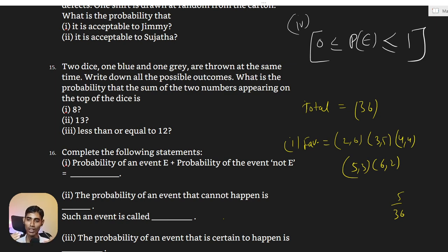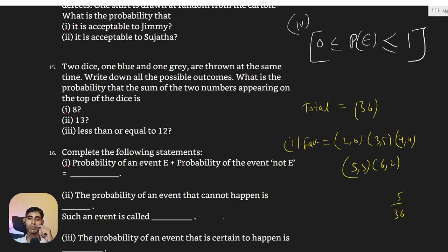So 2 to 12, everything is less than 13 and we don't have anything else. So whatever combination you would have, 1,1, 2, 6,6, 1,1, 2, all that, it would eventually be less than 13 only.